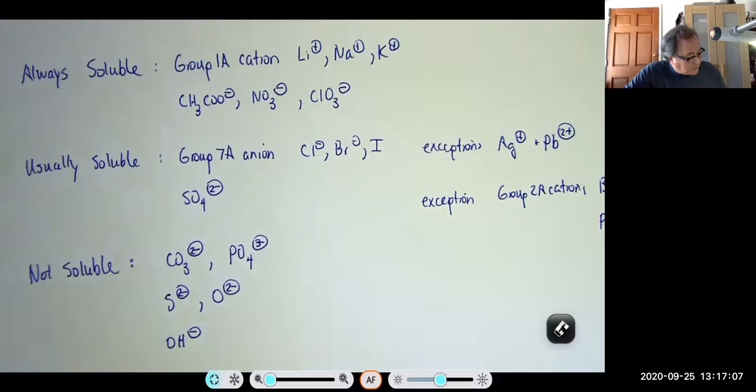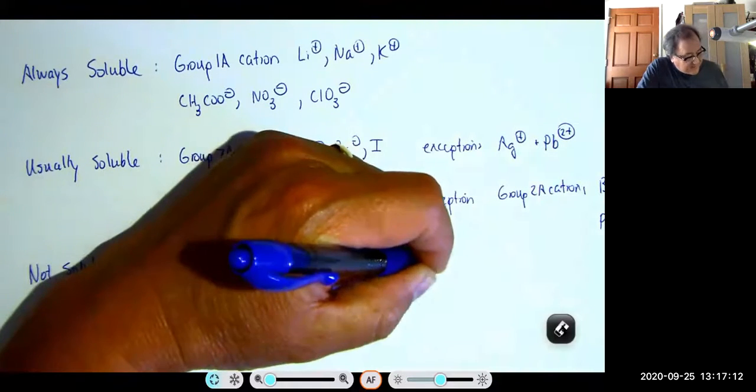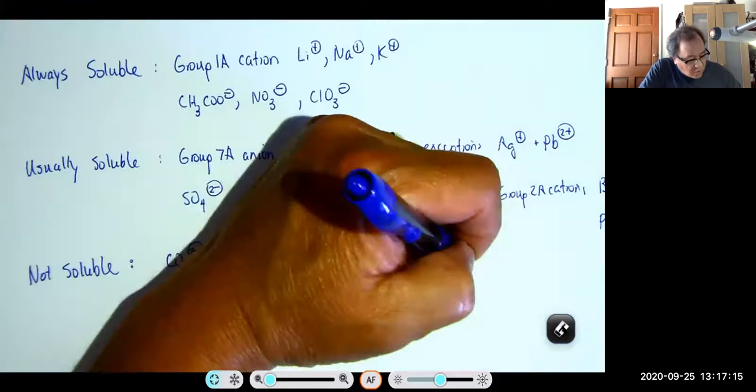These are the most common ones you'll run into. Now, what are their exceptions? Their exceptions are the always soluble cations.